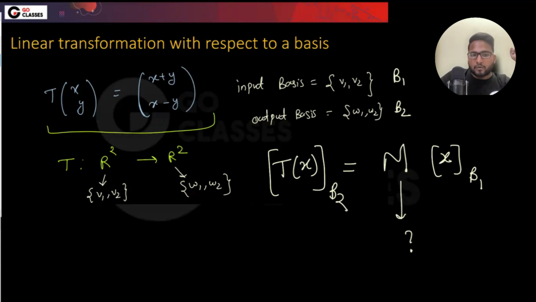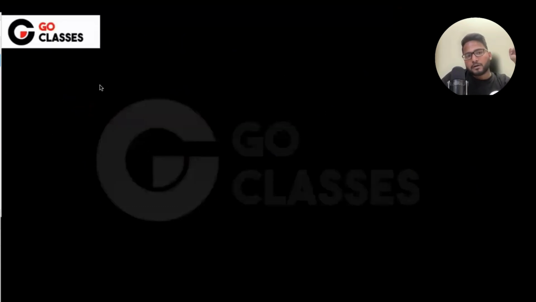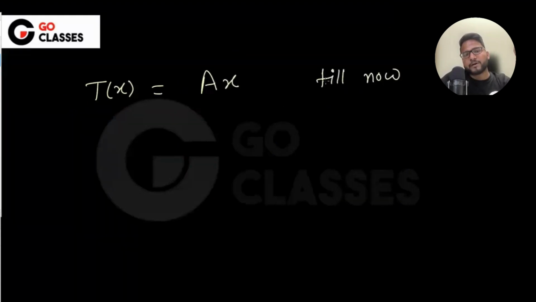See, till now, we have been doing something like this. T of X equal to M of X or A of X. Is this fine to everyone? This is till now, right? At least this is fine, right? But now the things are a little changed.